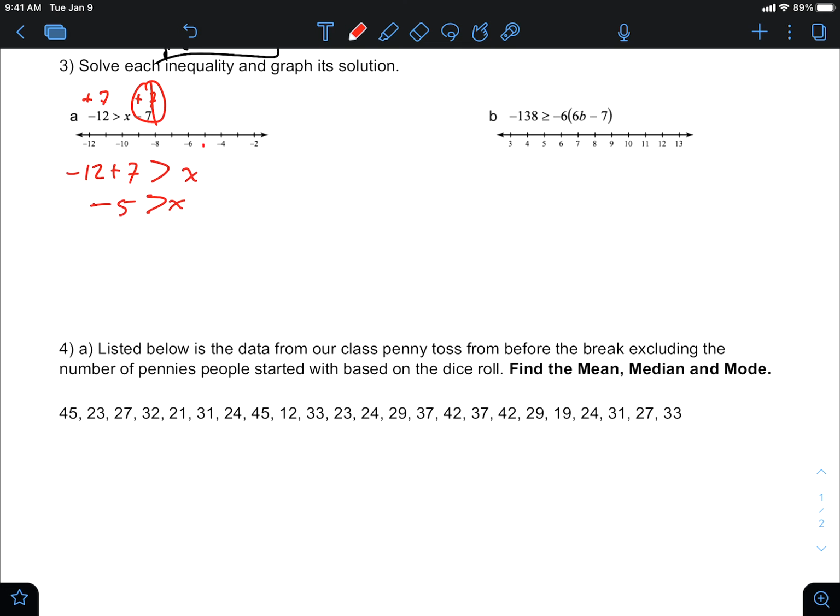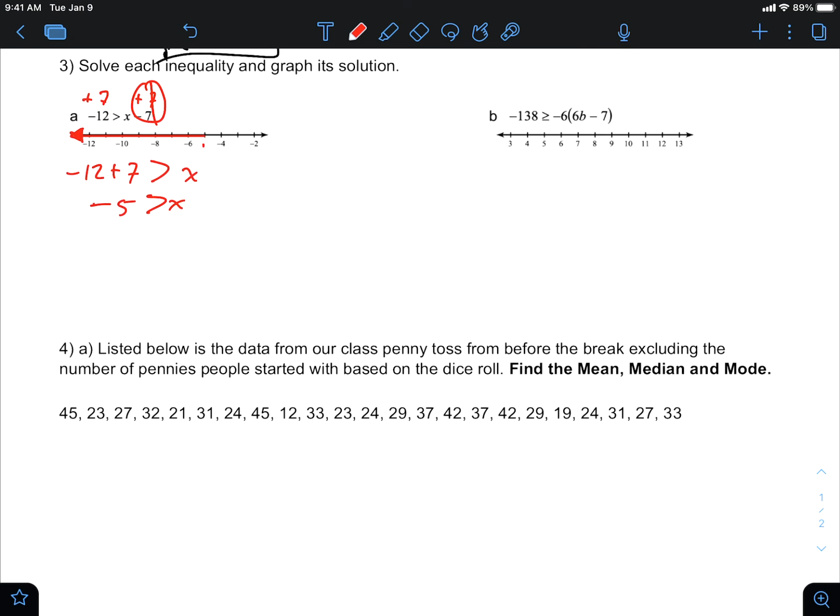And it has to be less than negative 5. Do you just stop? Declan? Okay, good. I didn't ask that question very well, but I think it came across. You can't just leave it like that. It has to have the arrowhead because it includes all numbers less than negative 5. So that takes care of half the graphing part.